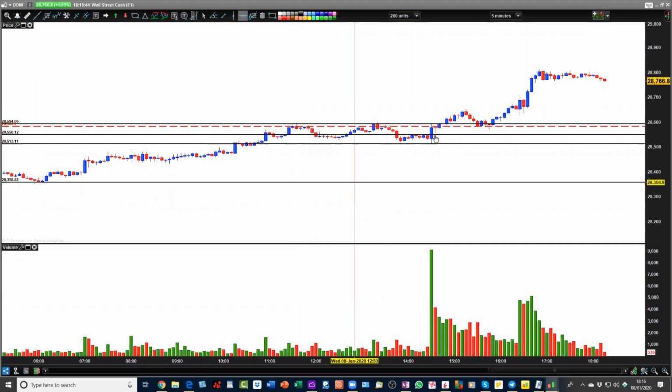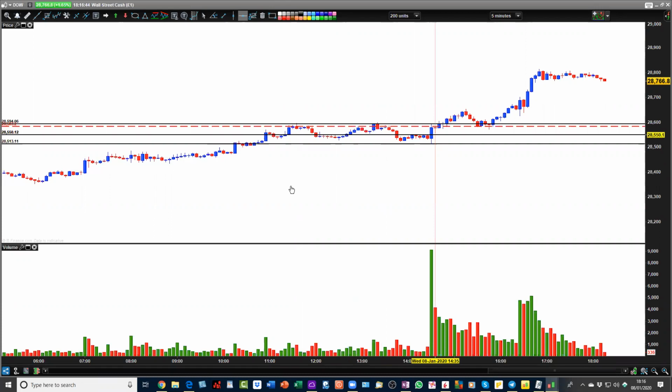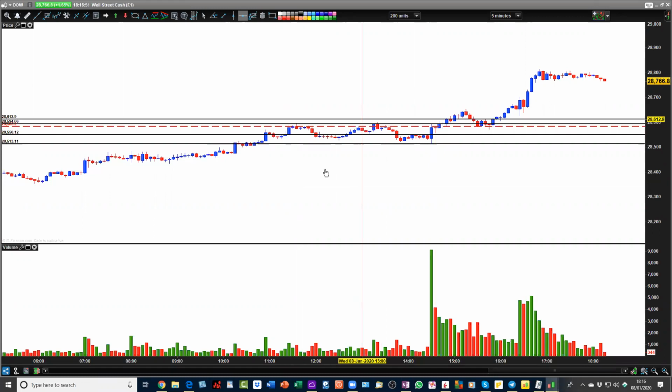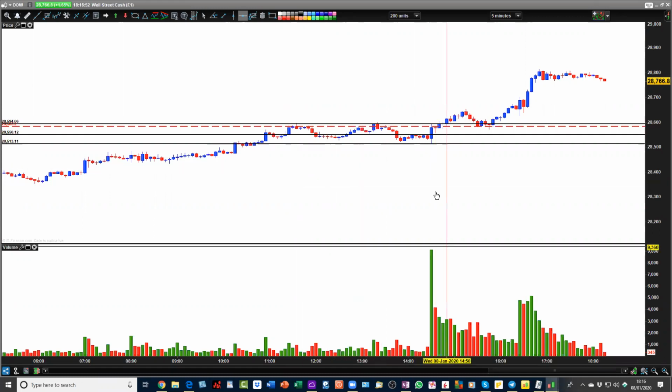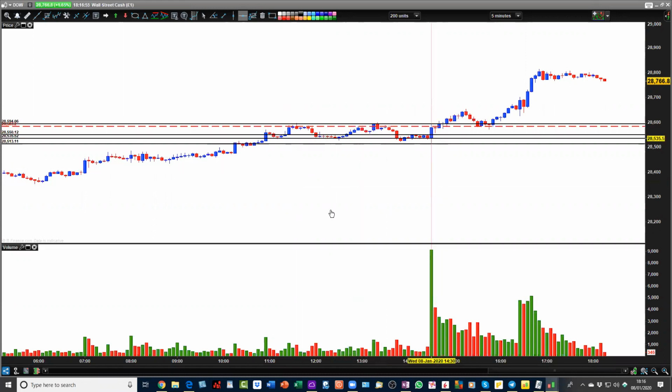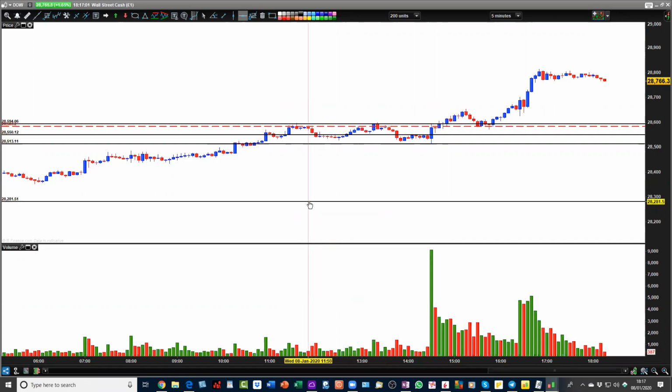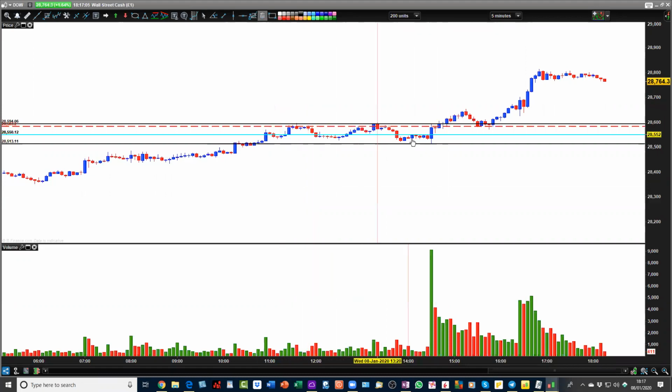Now, ideally, in a situation like this, I would bid on the midpoint. In a situation where we're pushing up, decent volume, I would bid on the midpoint. But if I'm not filled, then I will just go in higher. So I'm not going to spend time worrying about the fact that I've not hit the midpoint.